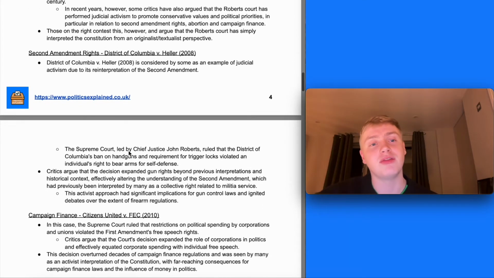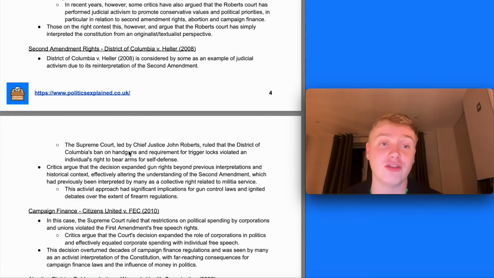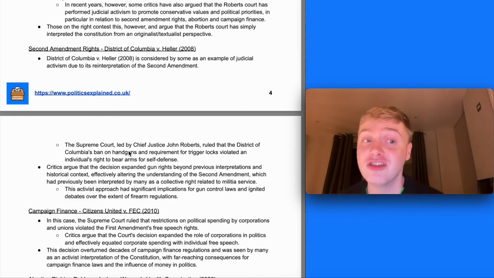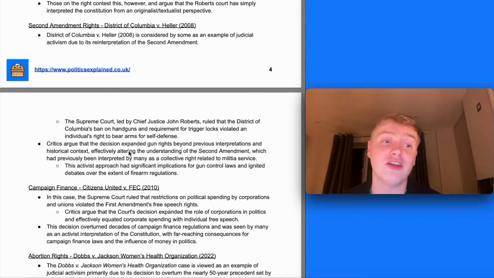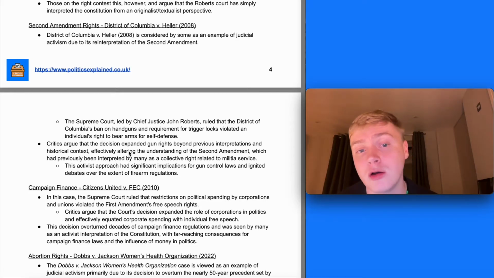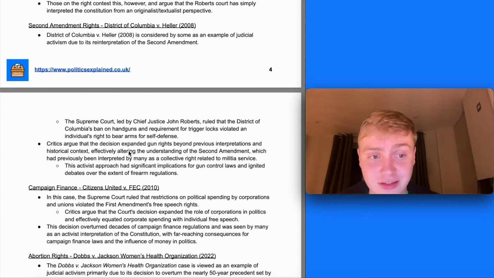A really key example of this in relation to gun rights is District of Columbia versus Heller, which is considered an example of conservative judicial activism due to its reinterpretation of the Second Amendment. So the court ruled that the District of Columbia's ban on handguns and requirement for trigger locks violated an individual's right to bear arms for self-defense.